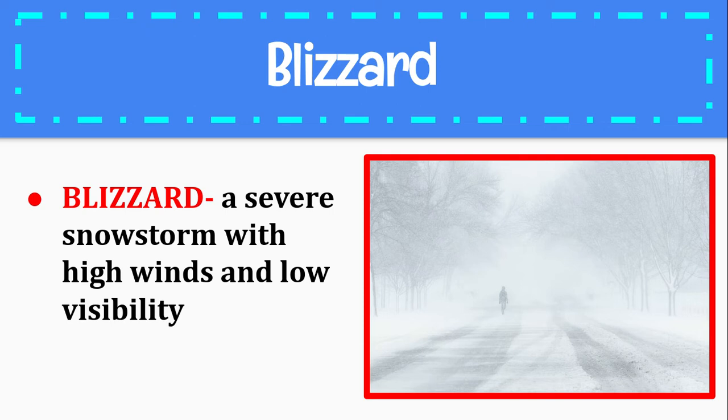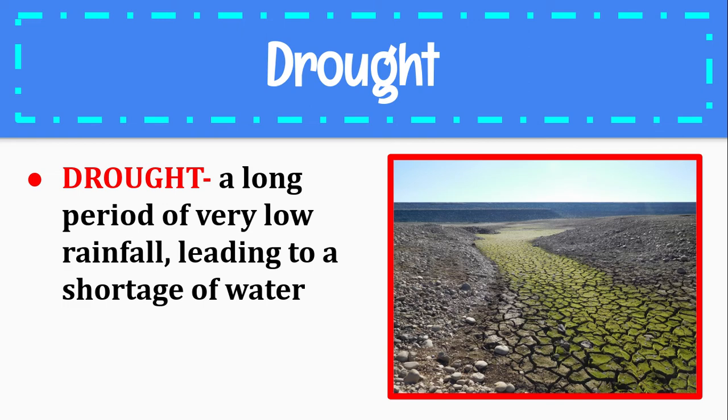So this is a storm that has to have low temperatures, right? In order to be a snowstorm, that precipitation needs to freeze and you need to have snow. There also needs to be very high winds. Blizzards are going to be very common in areas of high altitude and areas that are more northern, in the northern hemisphere at least.